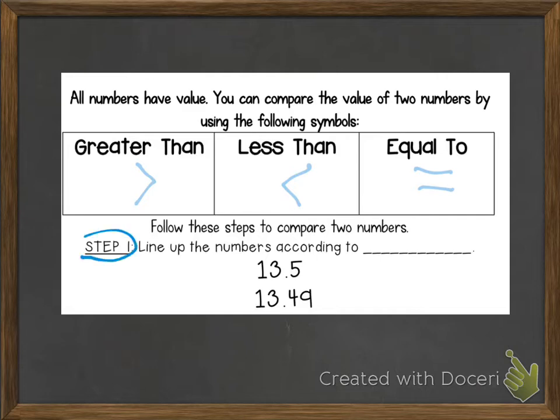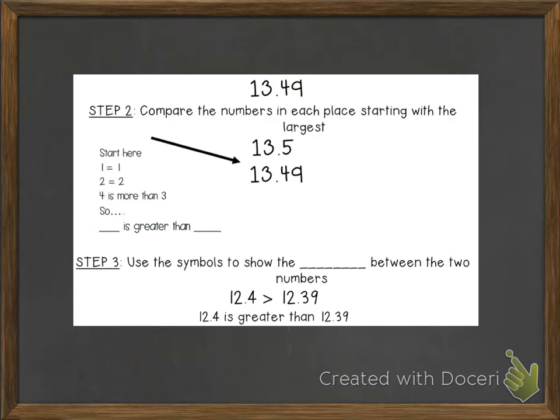So step 1, we are going to line the numbers up according to the decimals. So here you can see that the decimals are lined up. Step 2 is to compare the numbers in each place, starting with the largest, and that's the number on the left after you complete step 1.